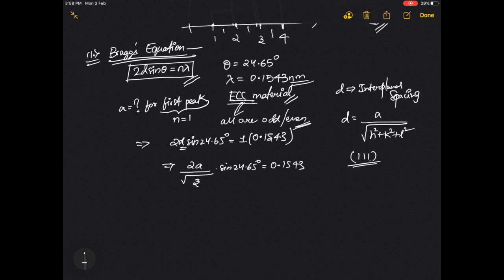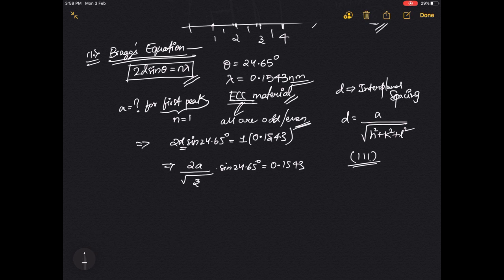So I'm calculating here 0.1543 divided by 2 into 3 divided by sine of 24.65. Oh, I think I messed up. I'll just open the calculator and calculate.